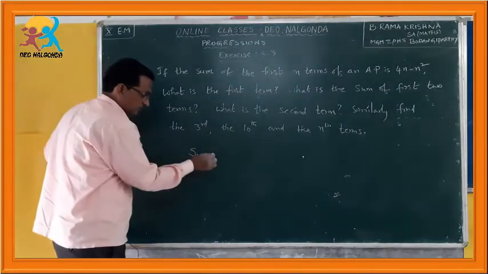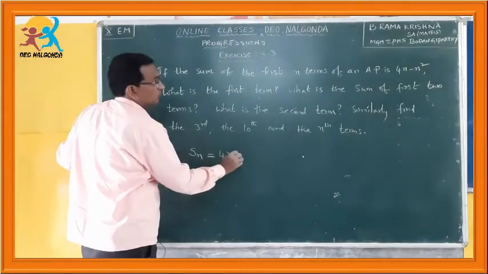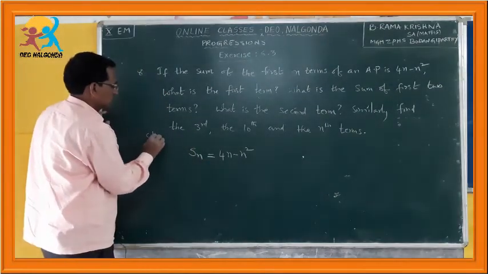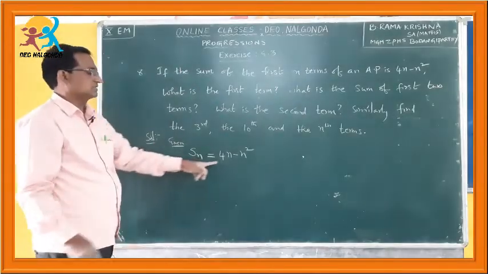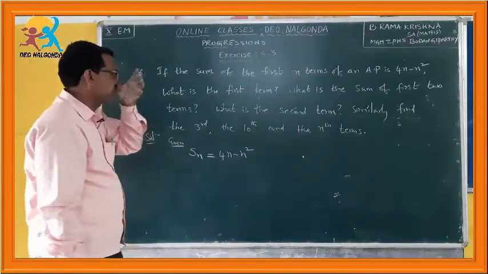Therefore, Sn is equal to 4n minus n square.